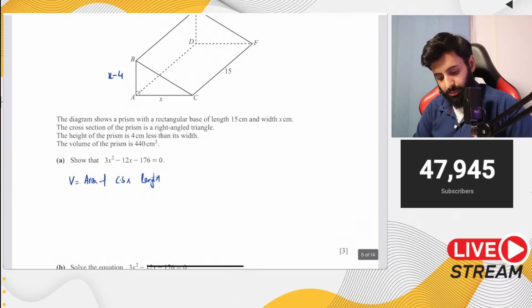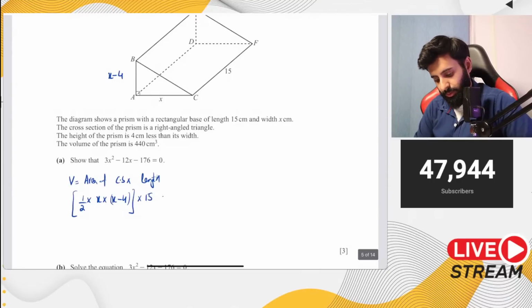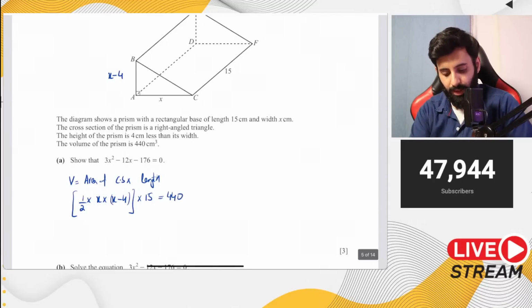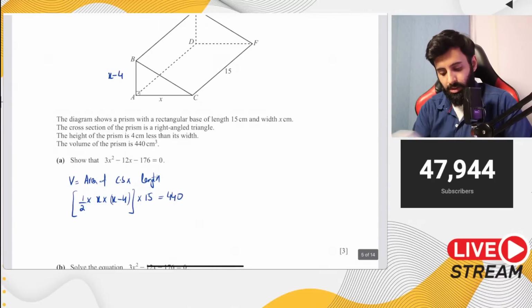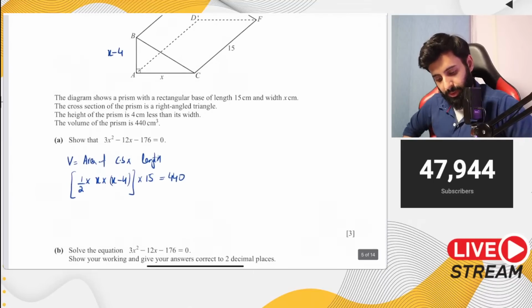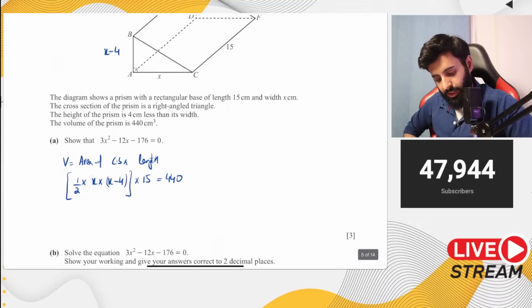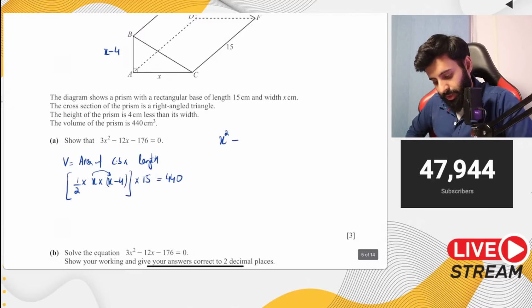Area of cross section basically means we're finding the area of the triangle, half into x minus 4, multiplied by the length of the prism, which is 15, and that will give us the volume, which according to the question is equal to 440. Now x into x will be x square, and then x into minus 4 will be minus 4x, upon 2 into 15 is equal to 440.